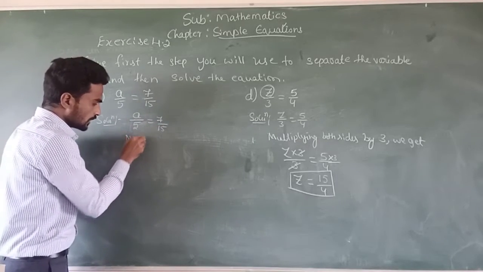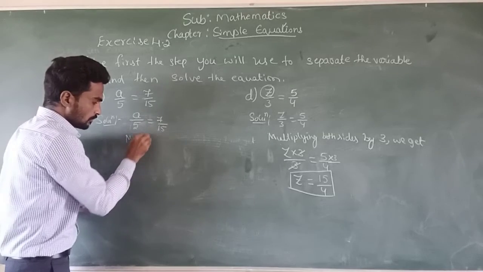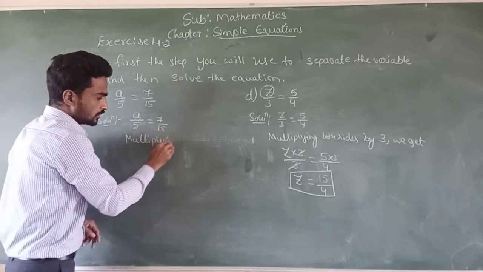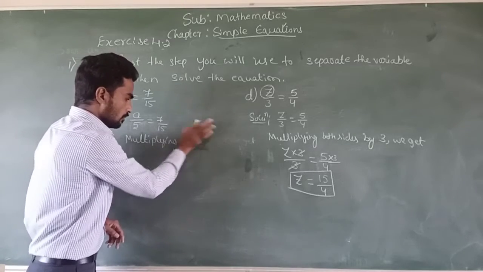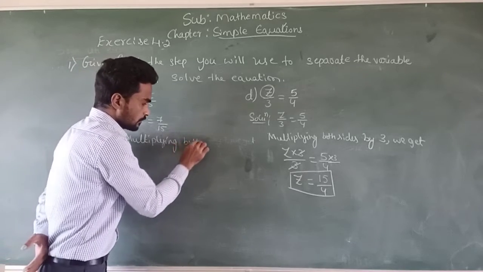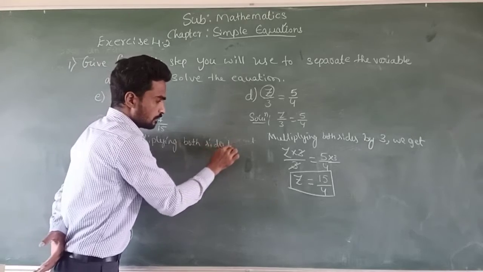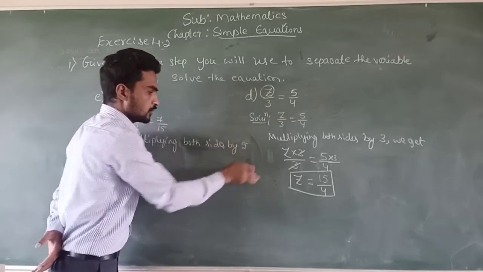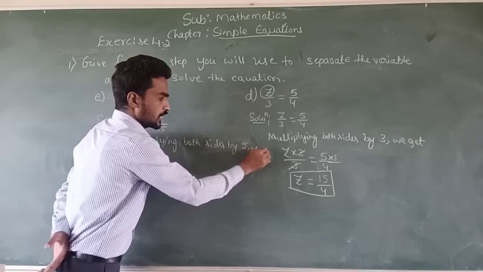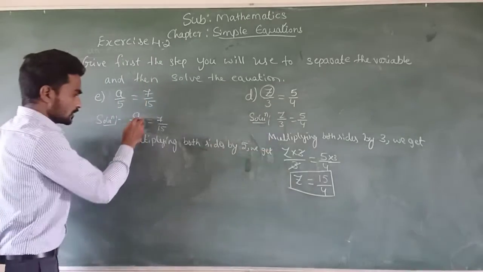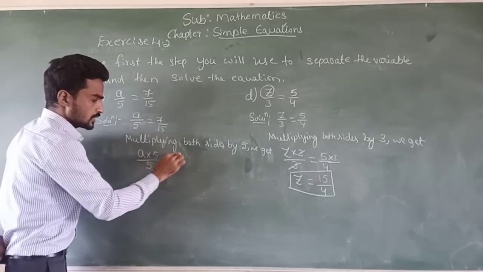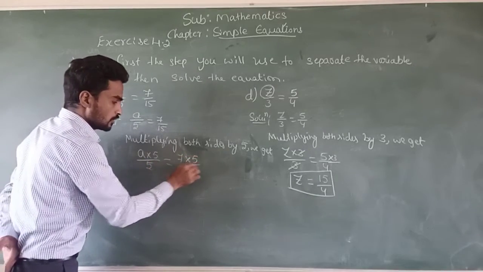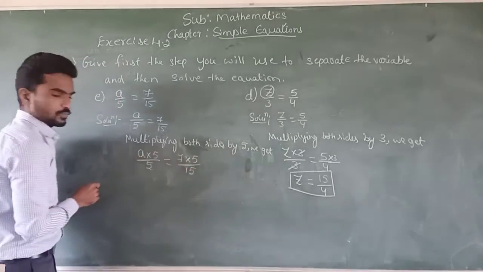Then multiplying both sides by 5, we get a into 5 divided by 5, that is equal to 7 into 5 divided by 15.